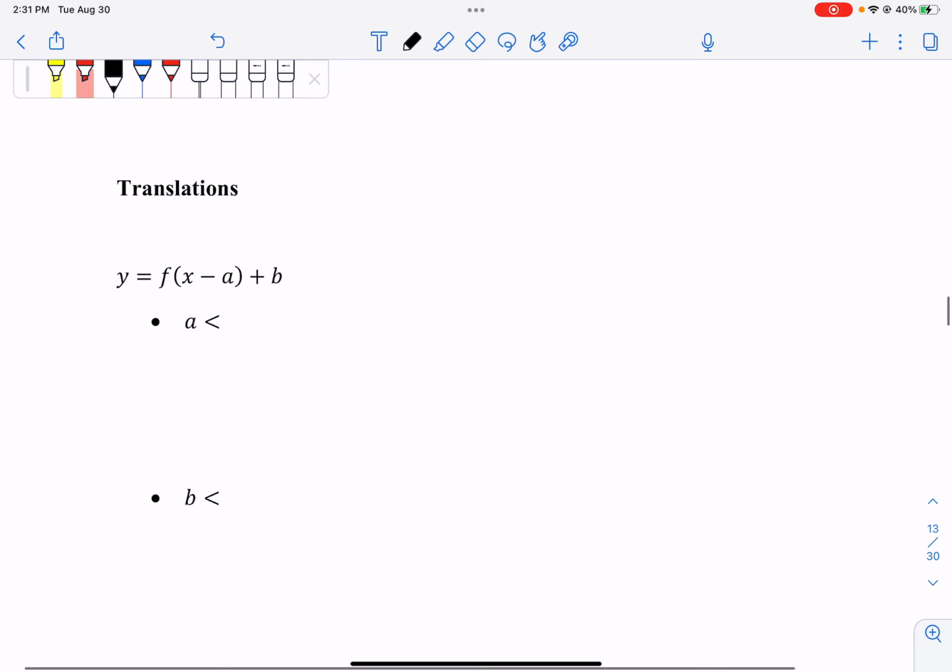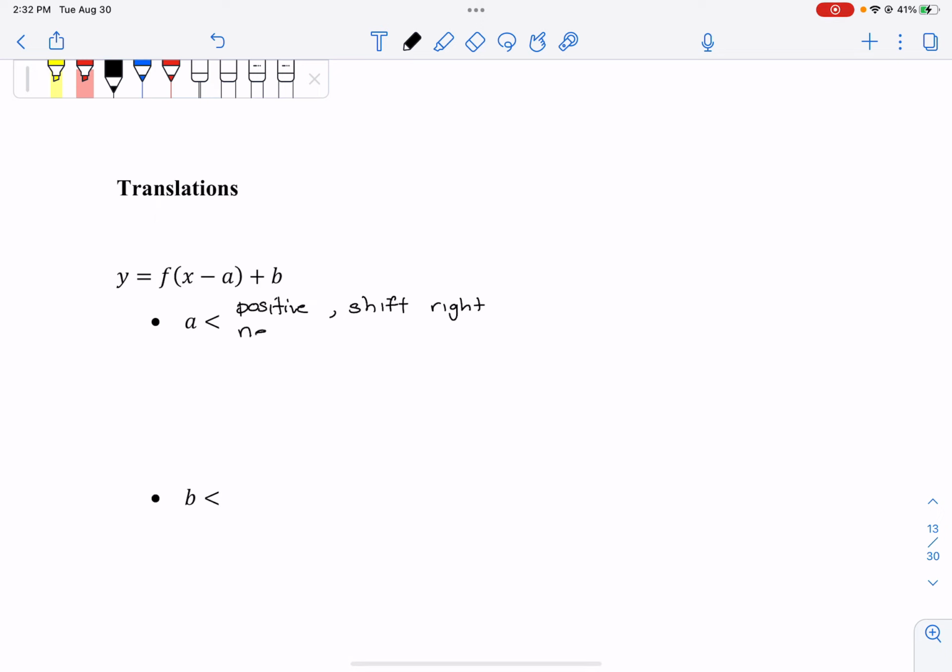For the a value, if a is positive, that means we shift to the right. We'll just say shift to the right for now.